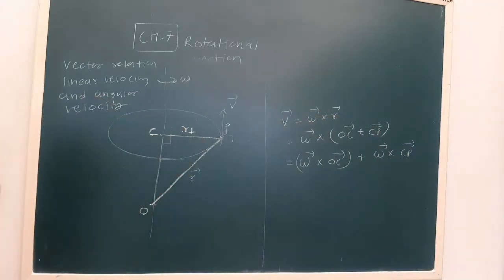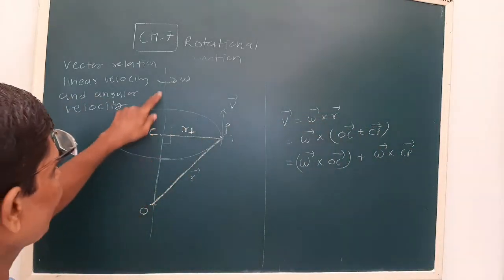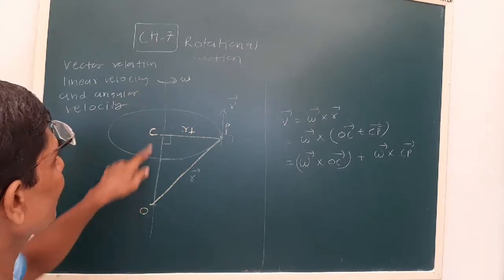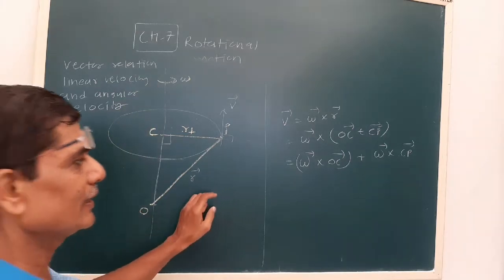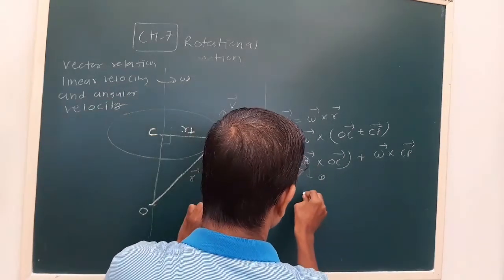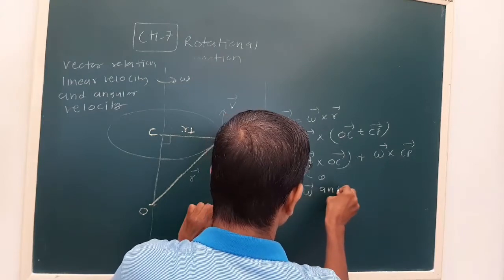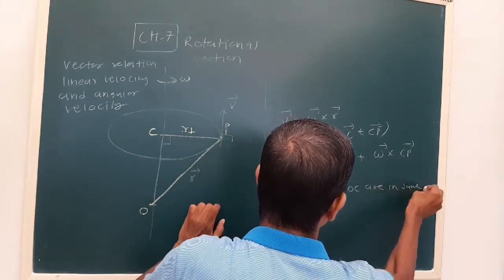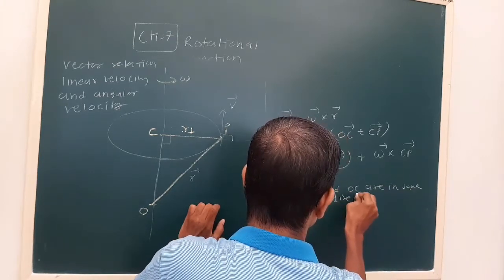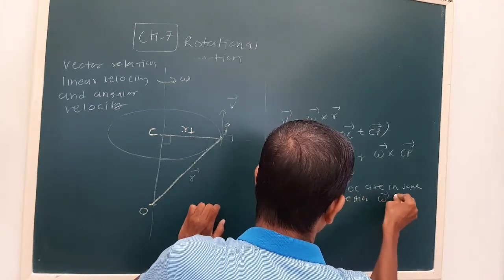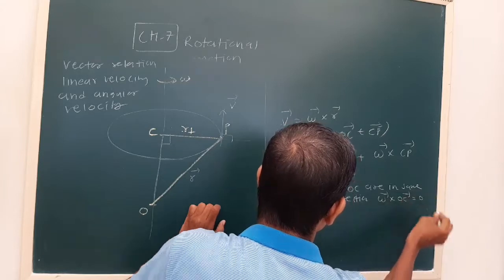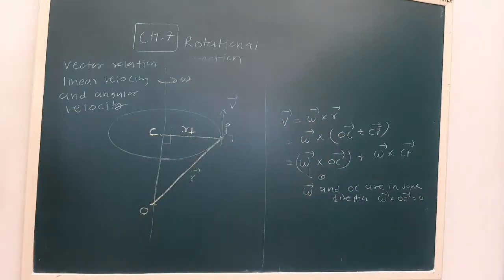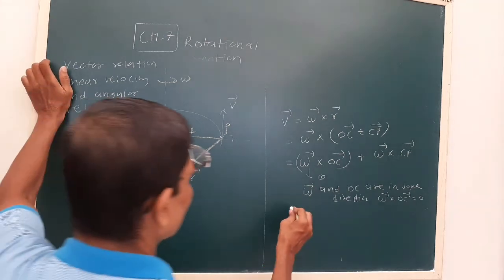Now for the vector product, from the diagram, omega and OC are in the same direction. Theta is 0, so omega cross OC will be 0. Now this CP is a perpendicular distance, that is r perpendicular.